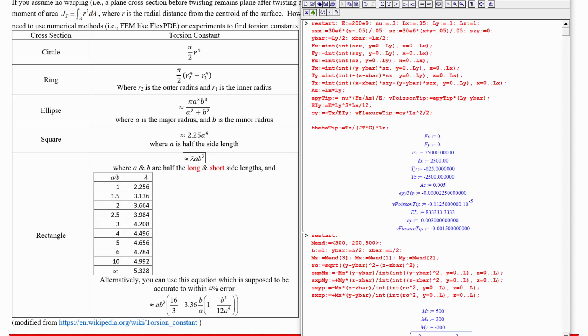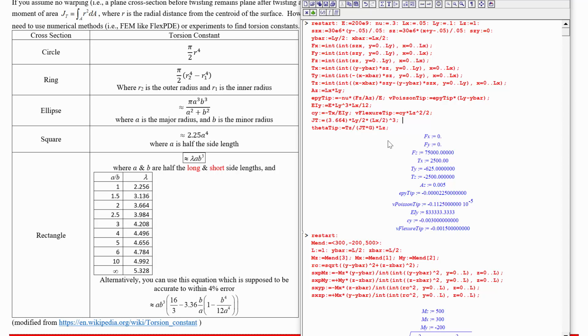So that means JT for this rectangle should be lambda times half the long length. What's the long length? It would be Ly. Ly over 2 times half the short length, Lx over 2, cubed. And what is lambda? This is the long side over the short side, which is 2. So it's going to be 3.664.